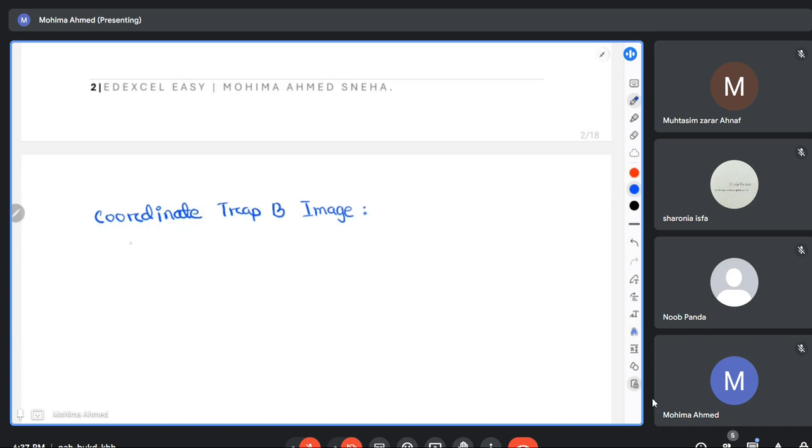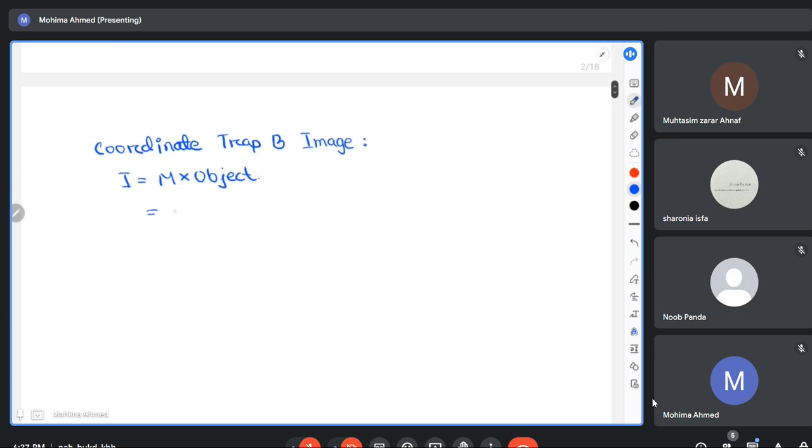What you're going to do is that image is equal to matrix multiplied with object. This is another formula, right? Whenever you have rotations involved, this is the formula you're going to use. Matrix multiplied with object gives you the image. Now the matrix was, we already know, 0, 1, minus 1, 0.